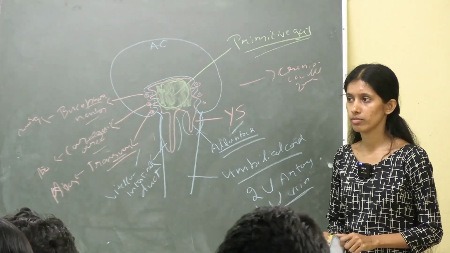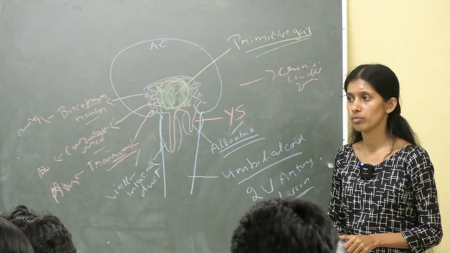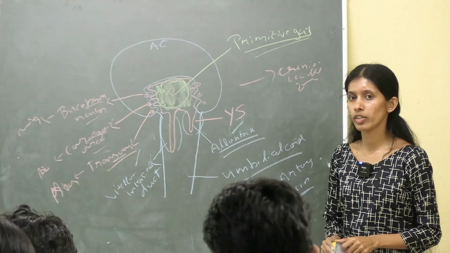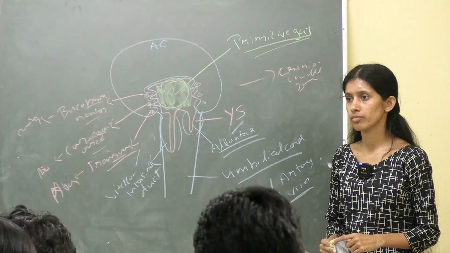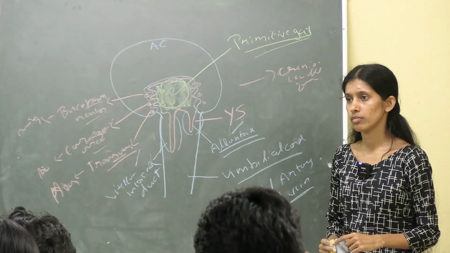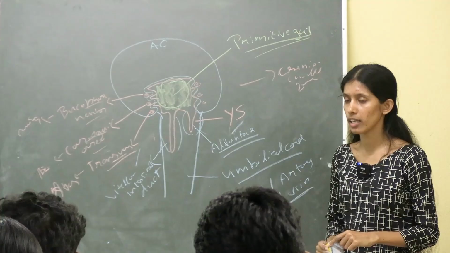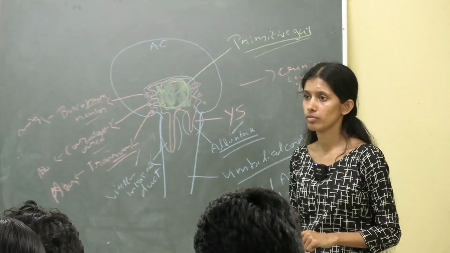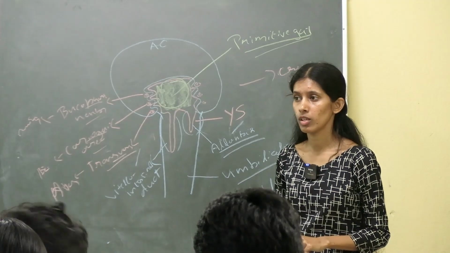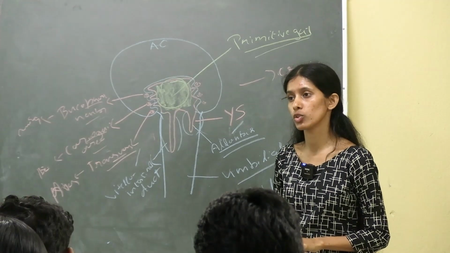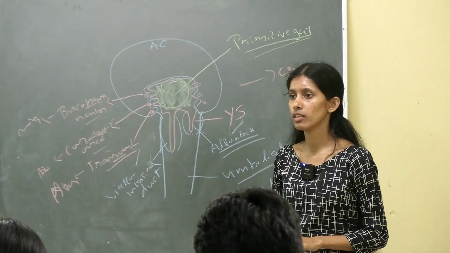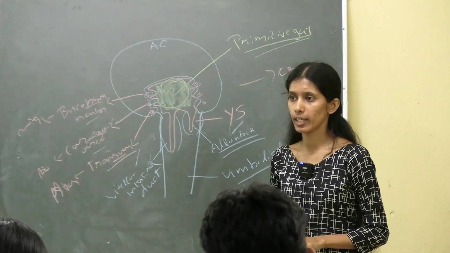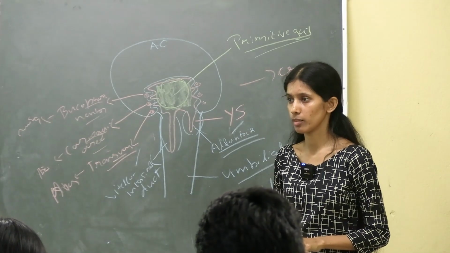The cardiogenic area, and the buccopharyngeal membrane. In which area does the buccopharyngeal membrane appear? Where the intermediate mesoderm is absent and the ectoderm and endoderm connect with each other.